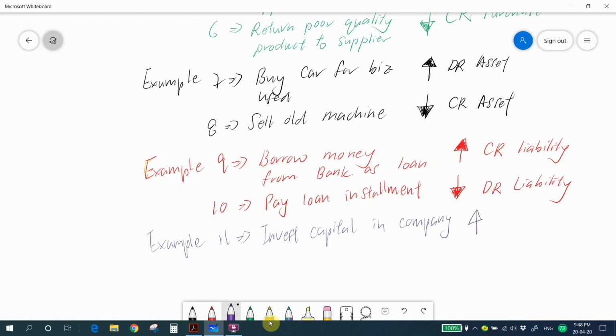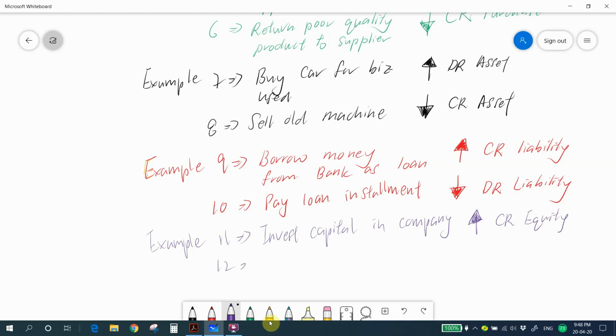The answer is your company equity will become higher, right? Because when you invest new capital to the company equity will increase. So we credit the equity account when the equity is increased.